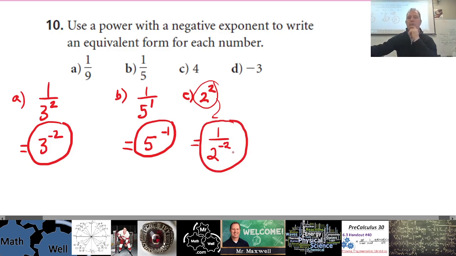Okay, I know you're making it quite a bit more complicated, but the answer is not to simplify. The question doesn't say simplify, it just says write as a negative exponent. Okay, so negative 3, they're trying to trick you here with this negative sign. This is negative 3 all to the power of 1. So how do I make this negative? What do I have to do?